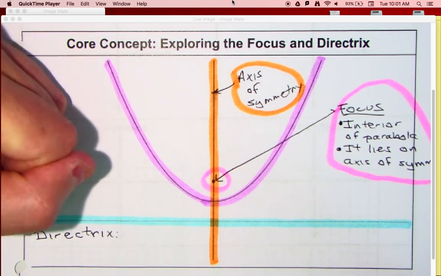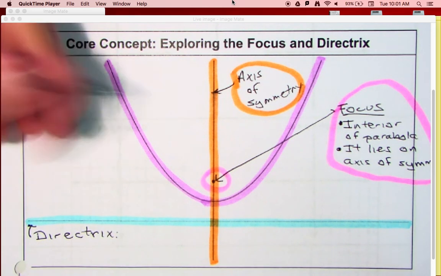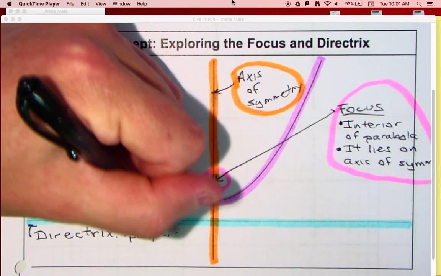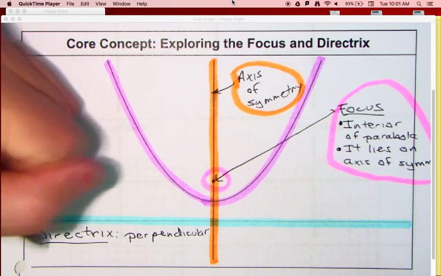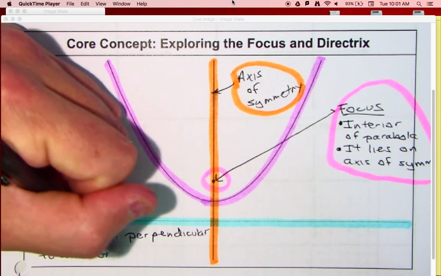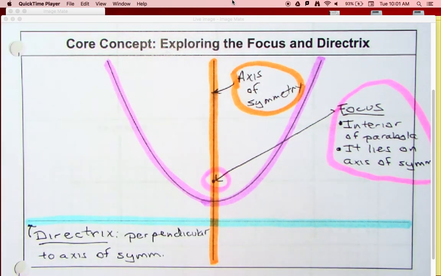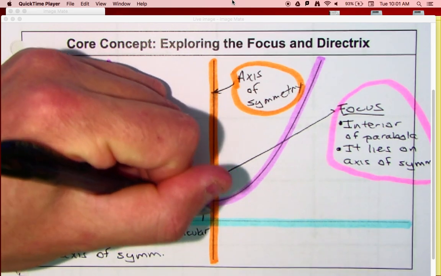So that's this line right here. The directrix is perpendicular to the axis of symmetry, so you can see right here we've got a nice 90-degree angle.